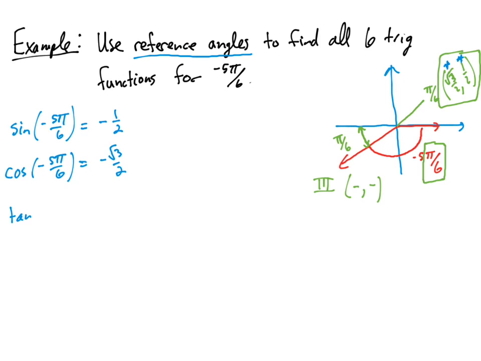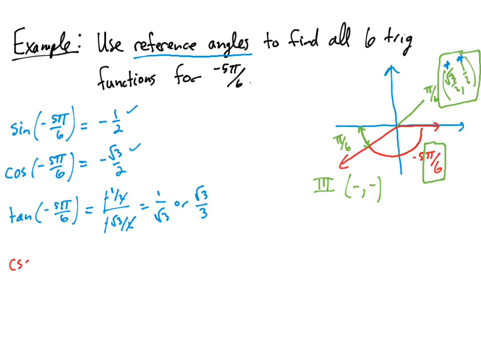So tangent of -5 pi over 6. Well, now I already have the y value and the x value, so I can just divide these together. The 2's are going to cancel. Actually, the negatives will also cancel. So this is going to be 1 over square root 3 or √3 over 3. And then let's look at the reciprocal functions.